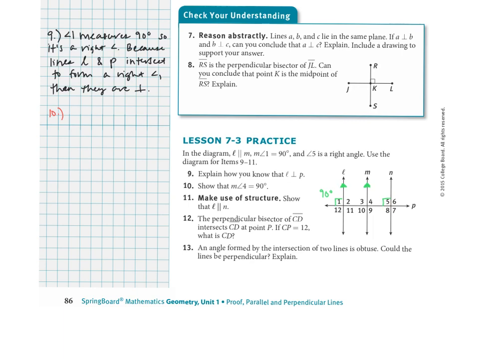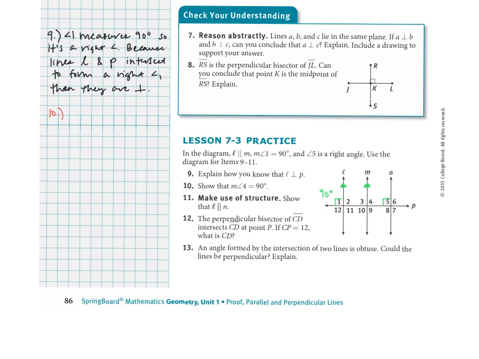Well, let's start off thinking. We know that L is parallel to M. And we just proved prior, in number 9, that L is perpendicular to P. So we must know line M must also be perpendicular to line P.